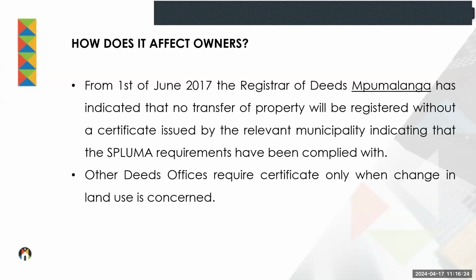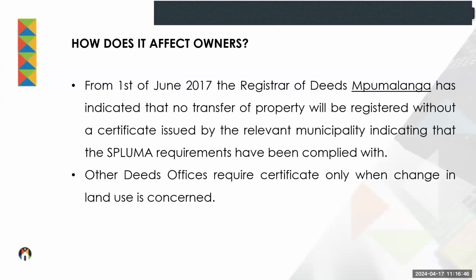Now, specifically, if you are in Mpumalanga, from the 1st of June 2017, the Registrar of Deeds has indicated that no transfer of property will be registered without a certificate issued by the relevant municipality indicating that the SPLUMA requirements have been complied with.